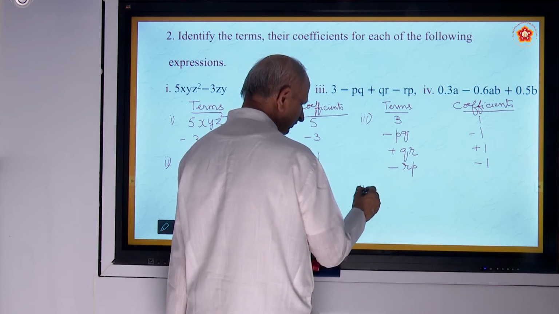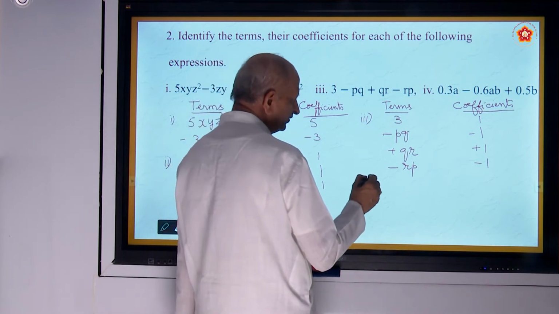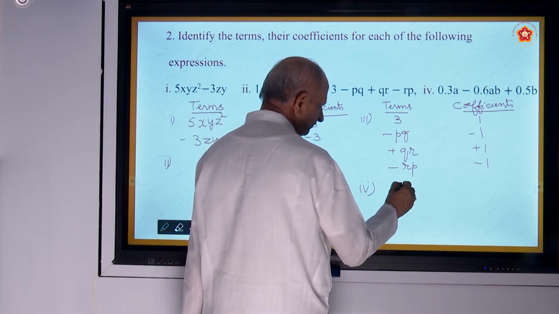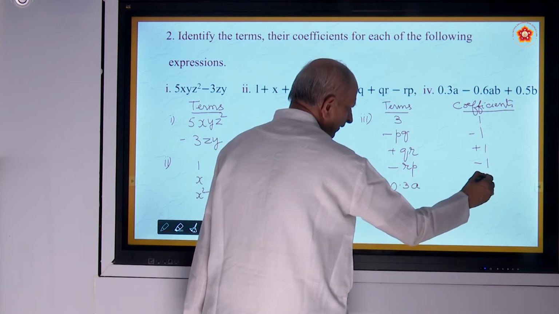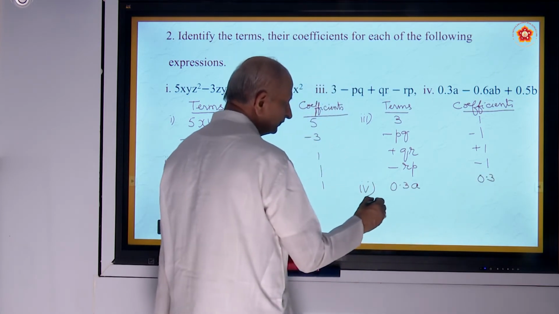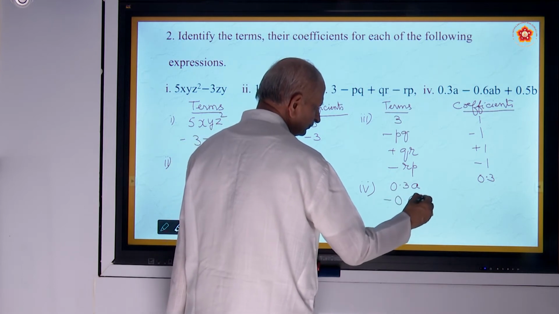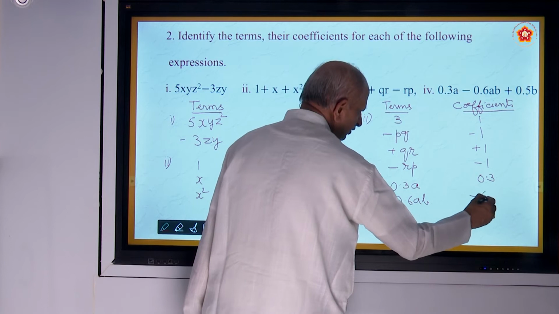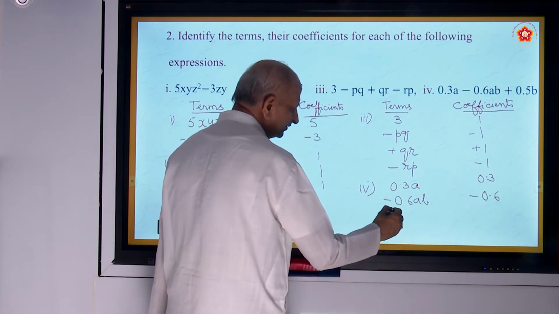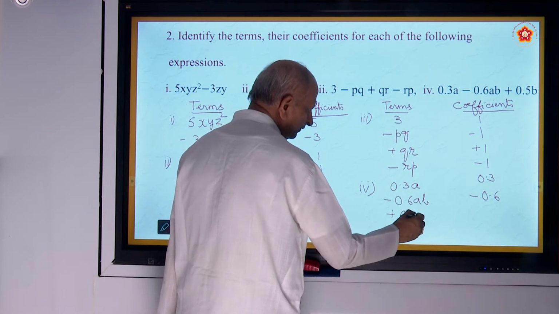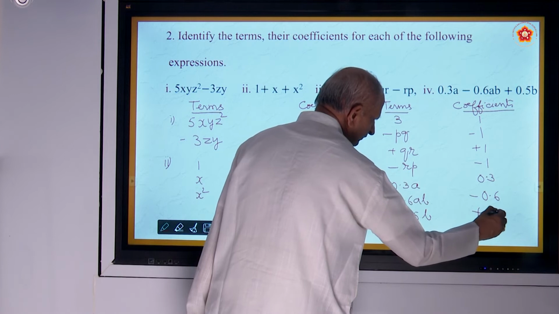So lastly, the fourth one, 0.3a is the first term. So a is multiplied by what? 0.3. Then minus 0.6ab, minus 0.6, plus 0.5b, plus 0.5.